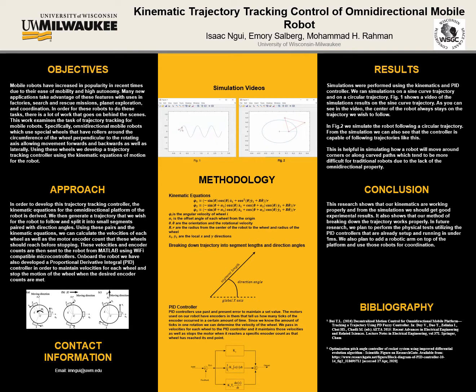So we take these velocities and encoder counts and we send them to the robot from MATLAB using Wi-Fi compatible microcontrollers. They're called ESP8266. They're very, very cheap microcontrollers that really are very useful for a lot of applications involving Wi-Fi.